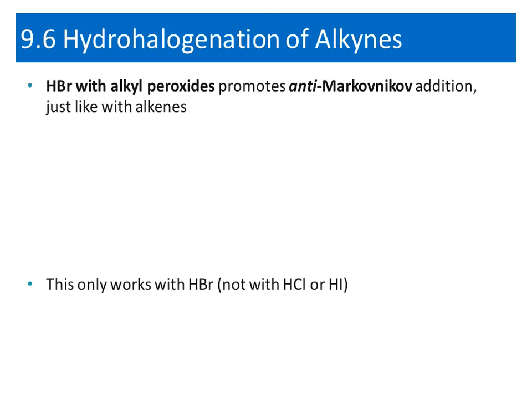Similar to alkene, we can see an anti-Markovnikov product with alkyl peroxide with an alkyne as well. So if you look at this example, now I'm going to use HBr with alkyl peroxide, and these are going to be the products.